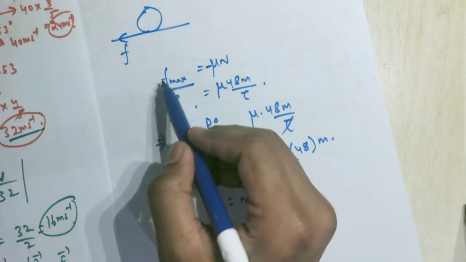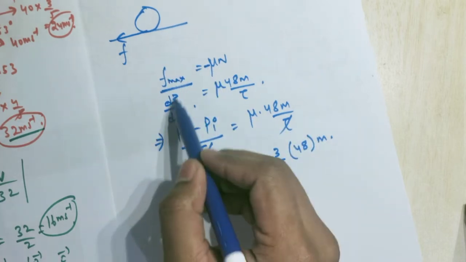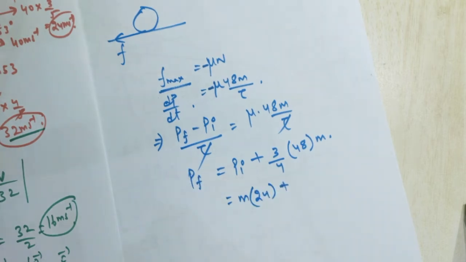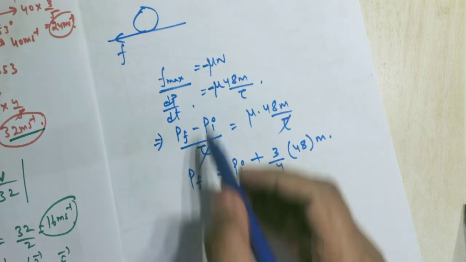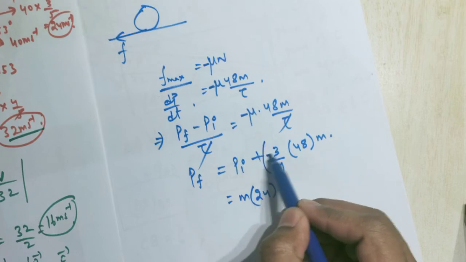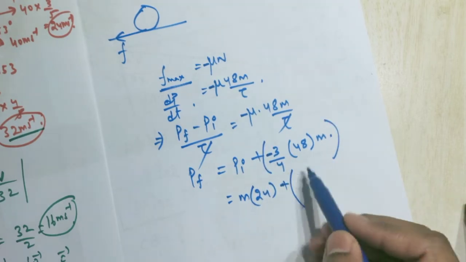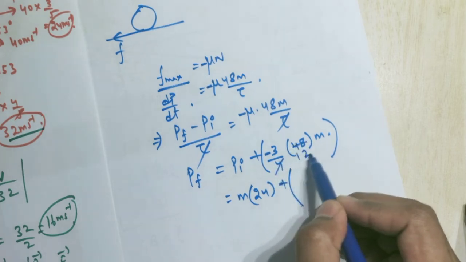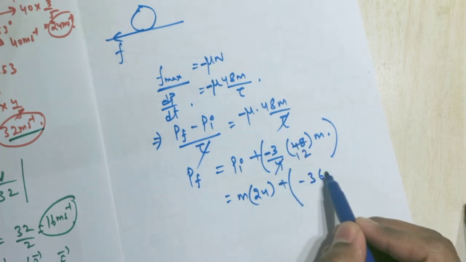So F max is equal to minus mu into N, dp by dt should be equal to minus mu N, because friction is an opposing force. It will always reduce the relative motion. So put a negative sign here. Here also, we have to place one negative sign. So here minus 3 by 4 into 48 m, that is 12 3s are 36, minus 36 m.